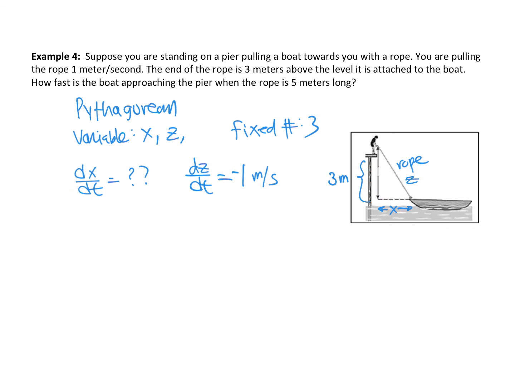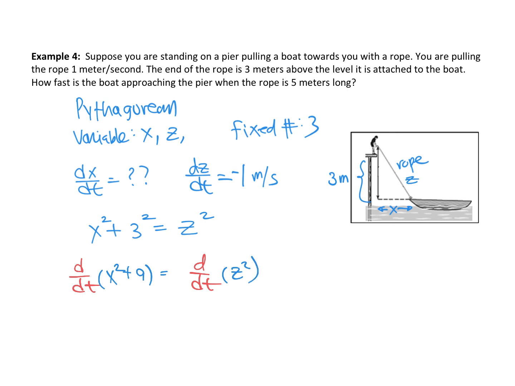I'm using Pythagorean theorem, so x squared plus 3 squared is equal to z squared, right? Because this is my y. And basically, I can do the same thing. I want d/dt, so I can take the derivative with respect to t. So x squared plus 9 is equal to z squared.